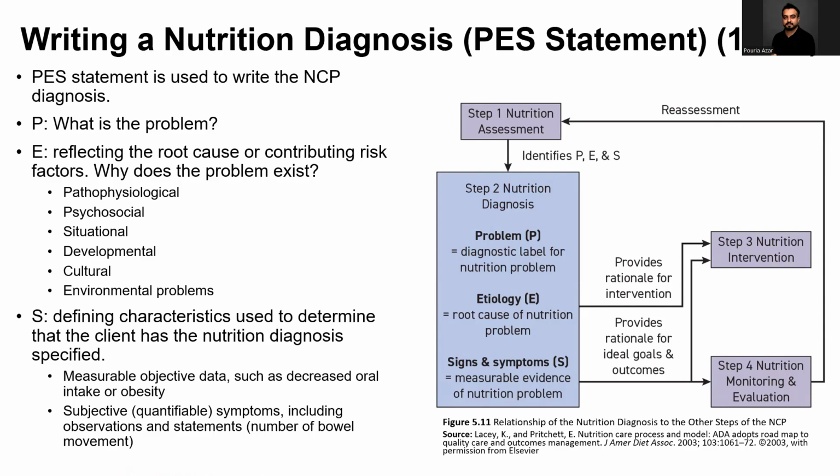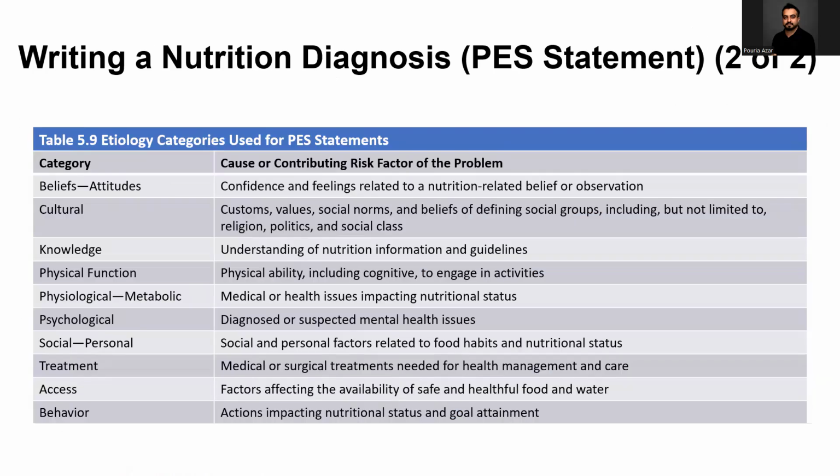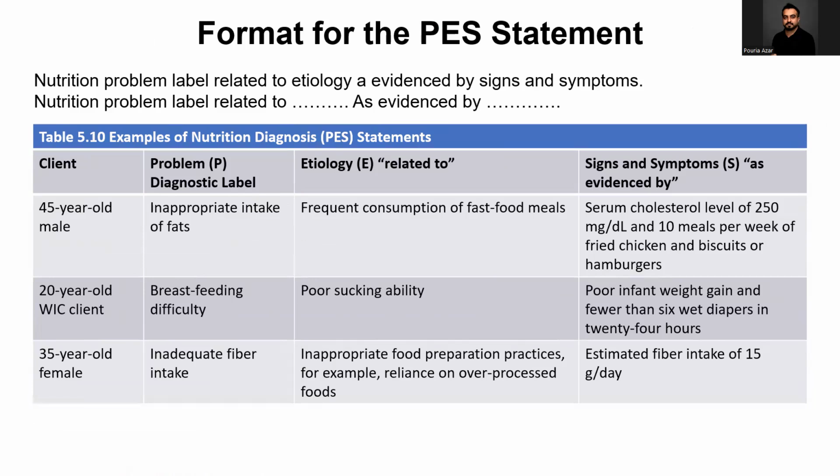These signs and symptoms need to be measurable, objective, and subjective data. And these are the etiology categories used for PES statements. So when we are trying to develop a PES statement, we need to follow this terminology.